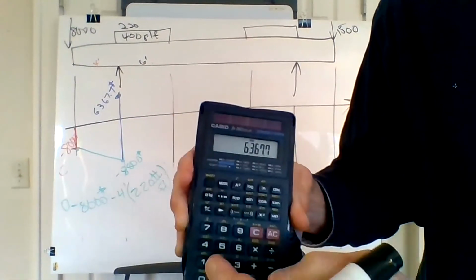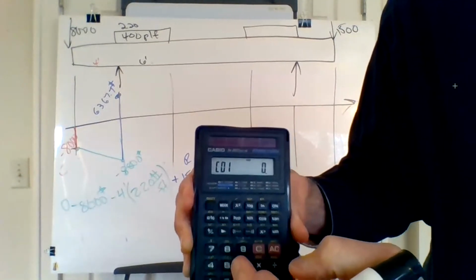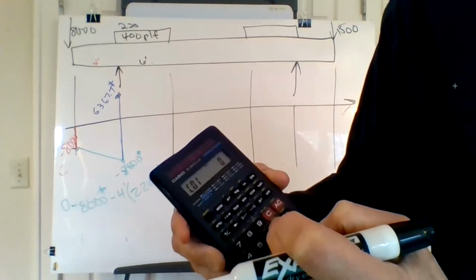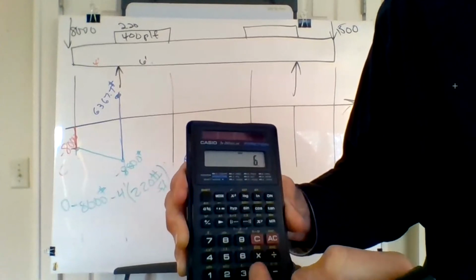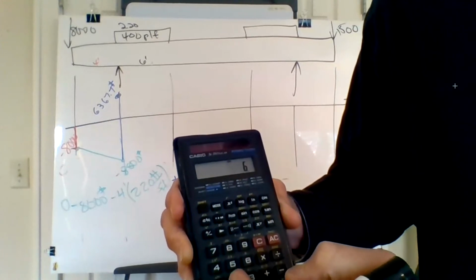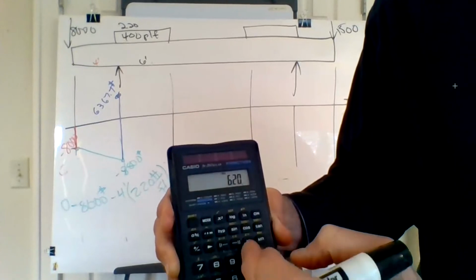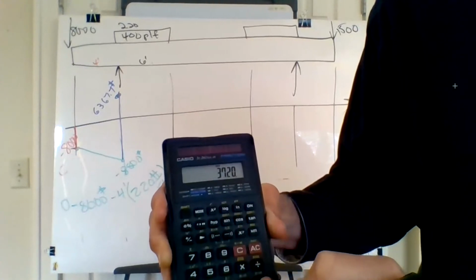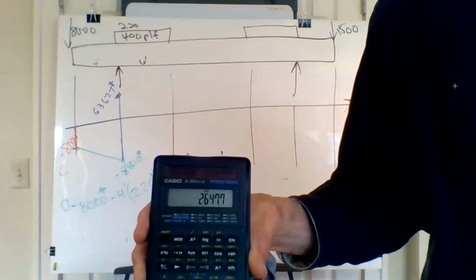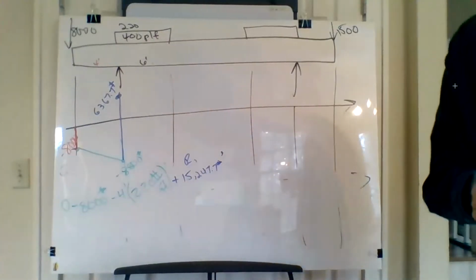I'm going to drop left parentheses 6 feet times 620, right parentheses, equals. So that value is going to be 2647.7. Leave that right in your calculator.